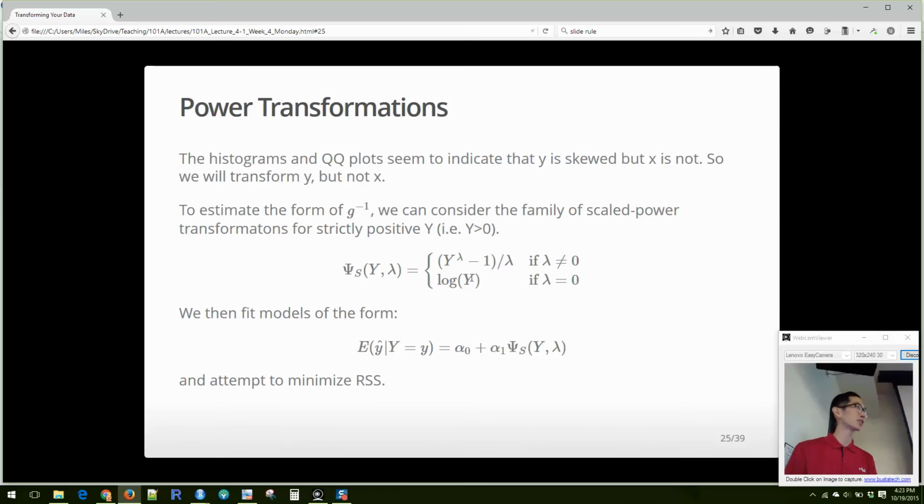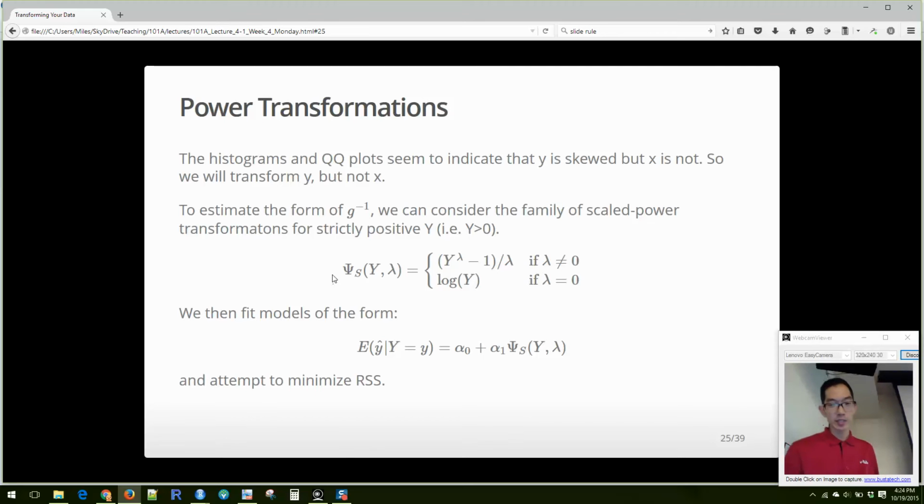If you take the limit as lambda goes to 0, this thing turns into this thing. So that's why we have all of these extra funny things rather than just y to the lambda by itself. But when you fit a linear model, these things just get taken care of in the slope.